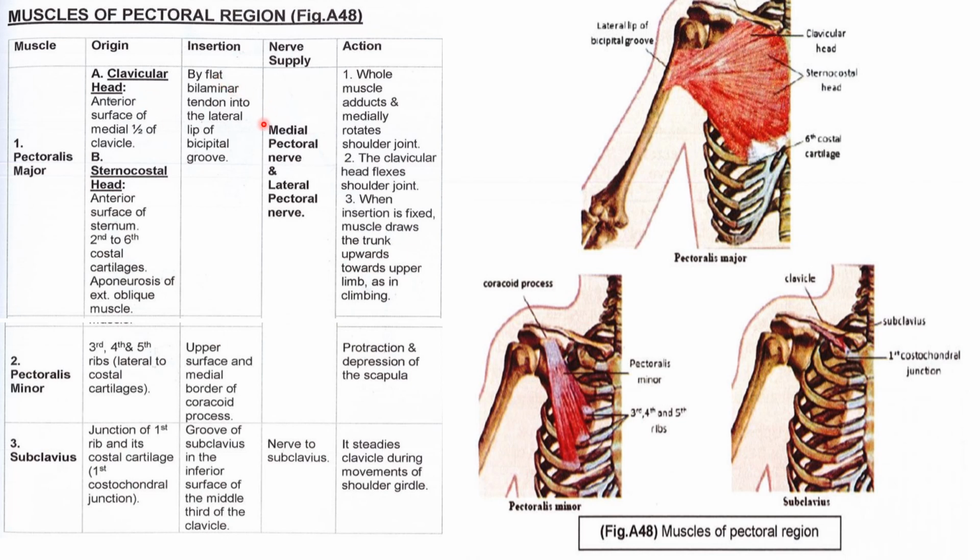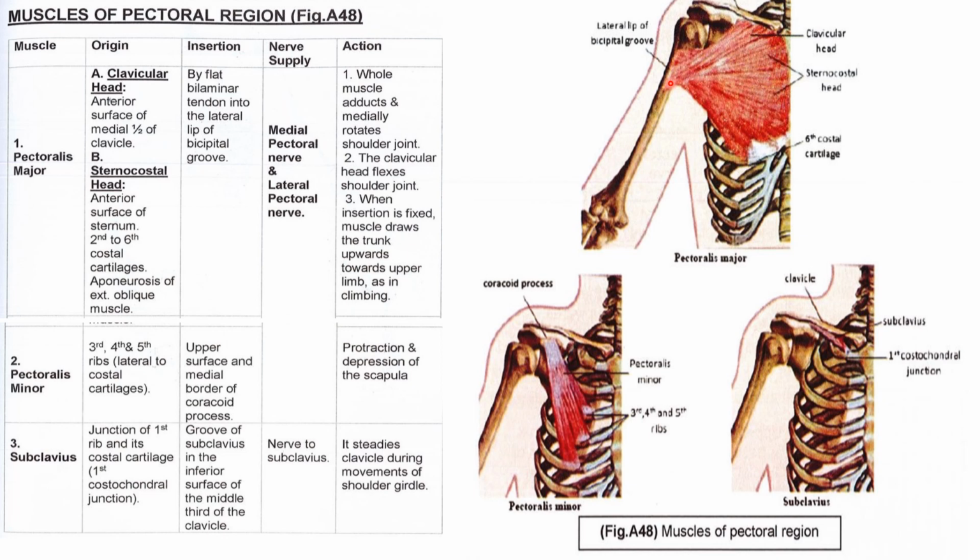Now let's see the insertion of the muscles. Let's see the pectoralis major. The pectoralis major insertion is the lateral lip of the bicipital groove of the humerus. So this is the humerus and this is the lateral lip of the bicipital groove.